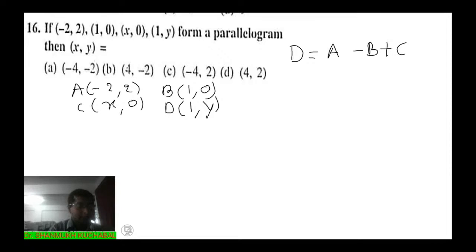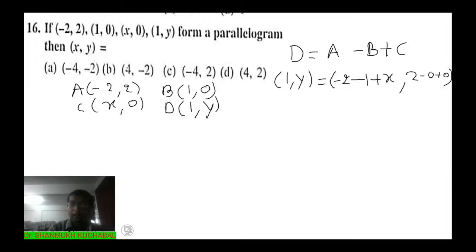We write the D coordinate, it is (1, y). Further, A minus B plus C: for the first coordinate we get minus 2 minus 1 plus x. Now for the y coordinate of A, B, C, it is 2 minus 0 plus 0.